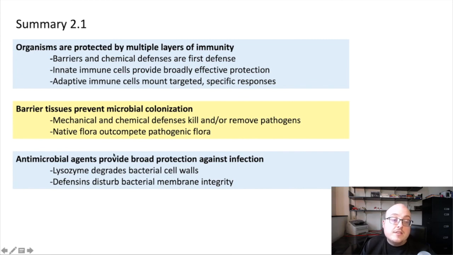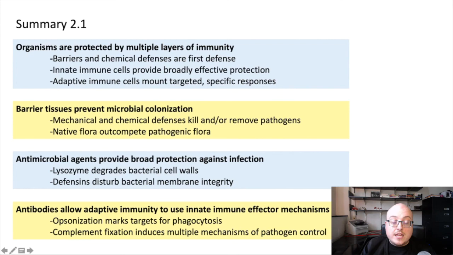Antimicrobial agents that we secrete on our barrier surfaces and in our body fluids provide broad protection against any potential infection. Two examples of this that we discussed are lysozyme, which degrades bacterial cell walls, as well as molecules called defensins, which disturb bacterial membrane integrity.